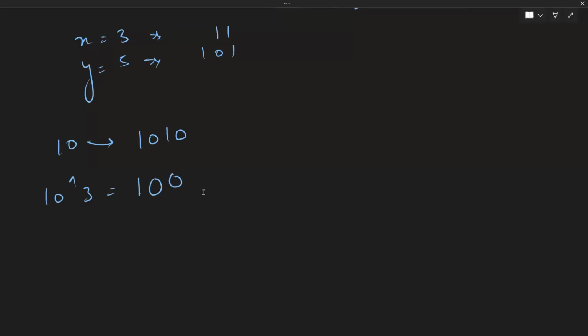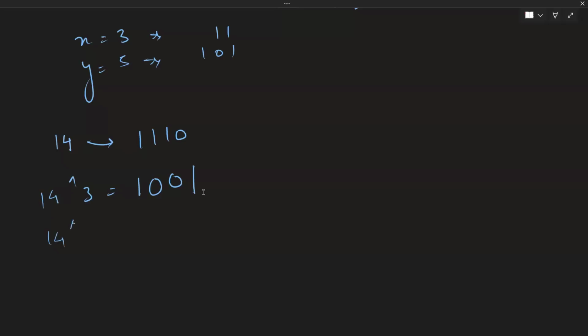Now wait a minute. I'll take 8 with this. And what is this value? 14, right? So if I take 14, I'll get 1001.